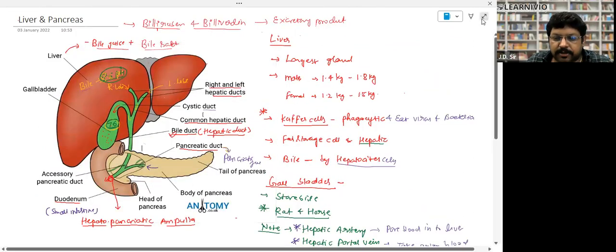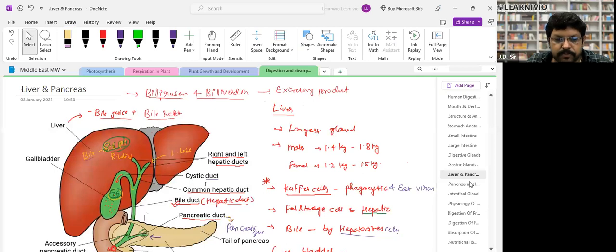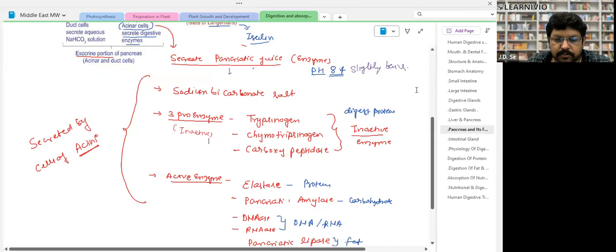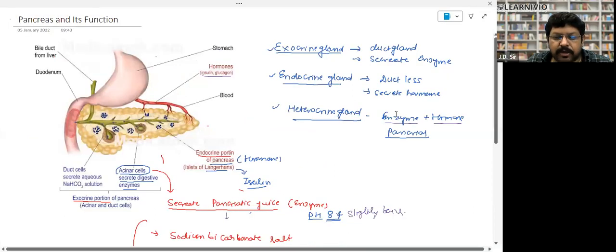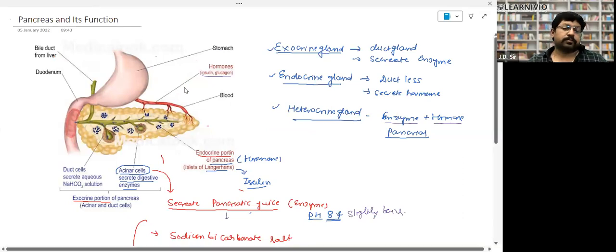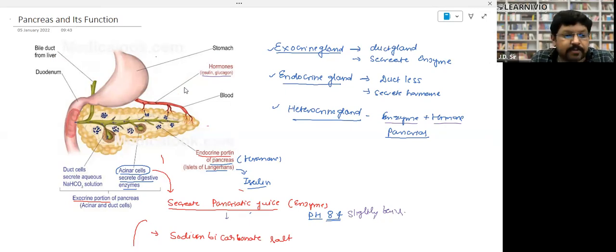Now come to the next part. Tell me, where does the breakdown of RBC take place? Very simple question. The graveyard of RBC is called?